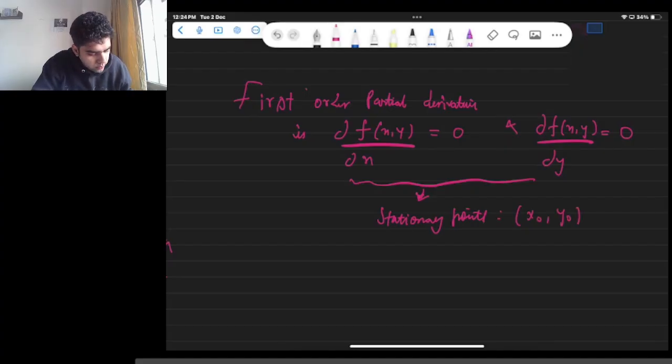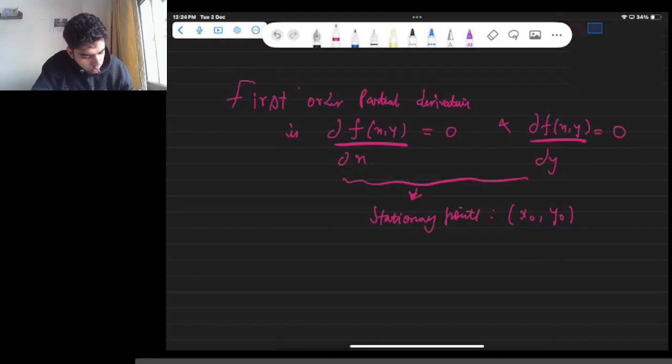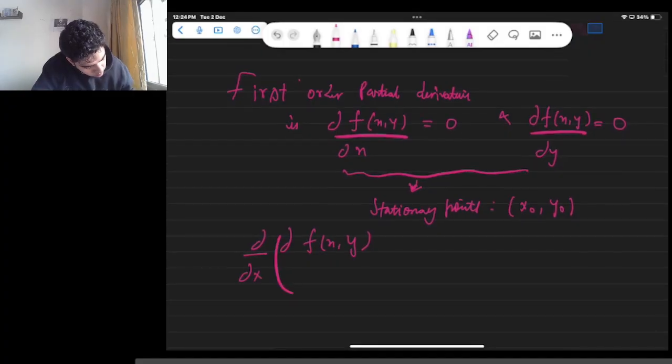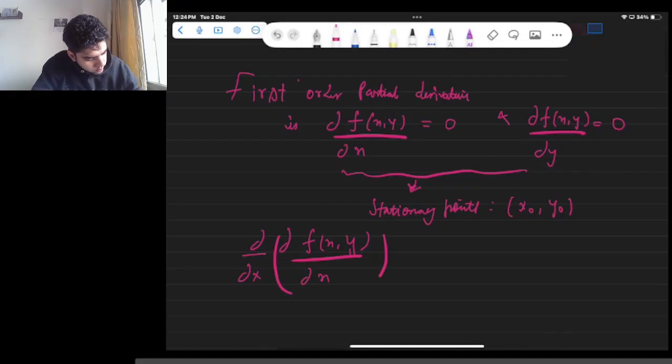Now you will be finding the second order partial derivatives. The second order partial derivative will be del f(x, y) del square. So this is f1, and this is f2.